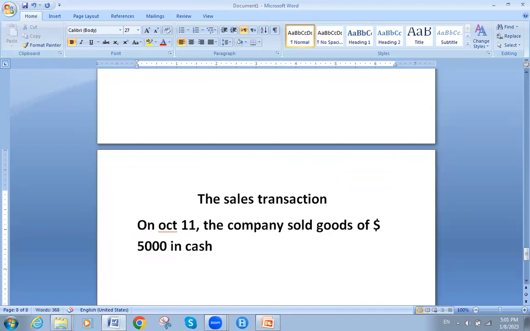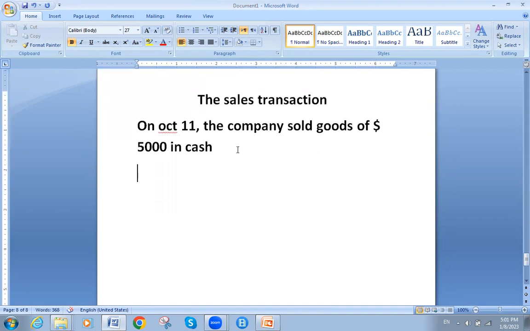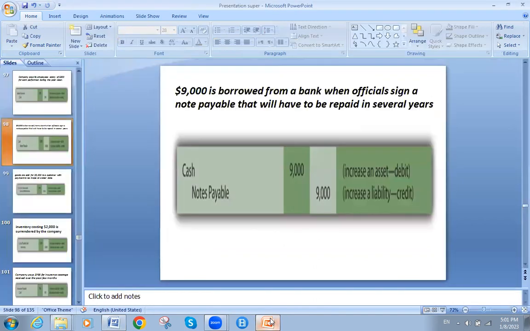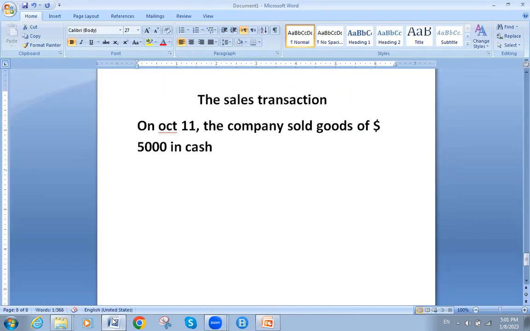So what happened here? Cash is increased and cash is an asset. We know when there is an increase in assets, it will be debit, right? So here in this case, increase in assets means debit.